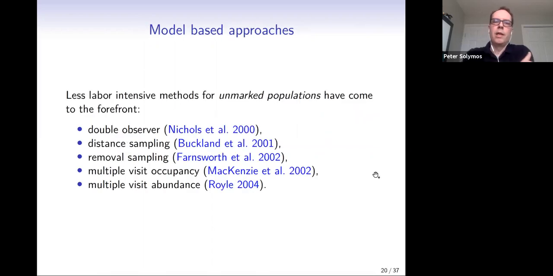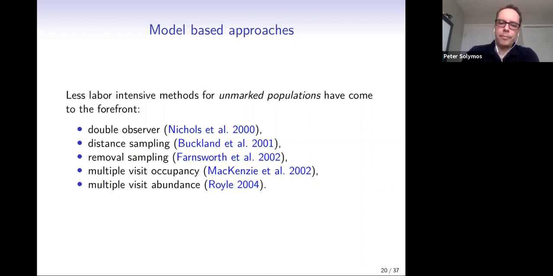And also, there are all these model-based approaches out there for unmarked populations, which means we are not marking individuals so that we go back later and see how many of those marked individuals we can find, but purely based on unmarked population surveys. We can use many of these, like double observer, distance sampling, removal sampling, multiple visit occupancy or abundance models.